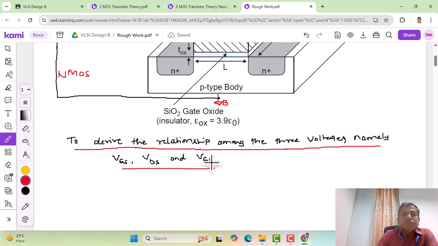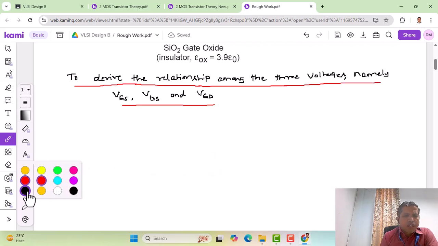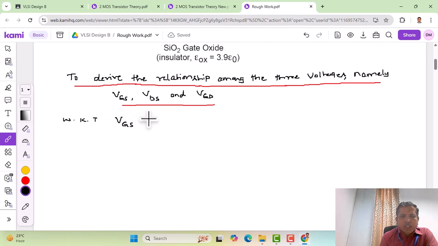Let's first write the equation for VGS. VGS, the gate source voltage, is nothing but the difference of the voltage applied to the gate terminal minus the source terminal. VGS can be written as VG minus VS. These are the voltages that exist at the gate with reference to ground, and similarly the voltage that exists at the source with reference to ground.